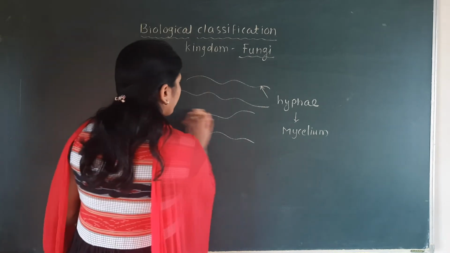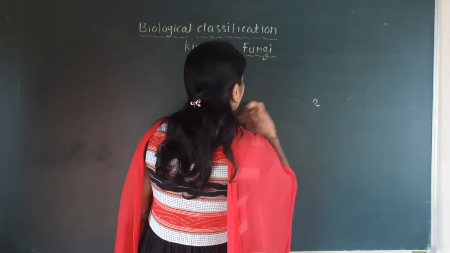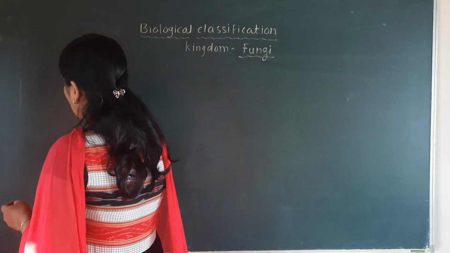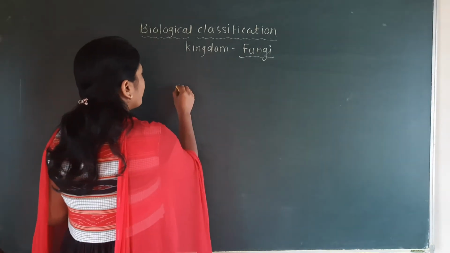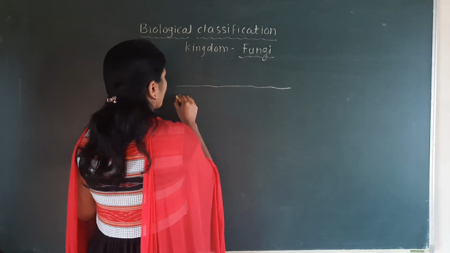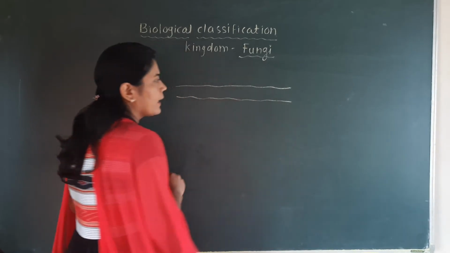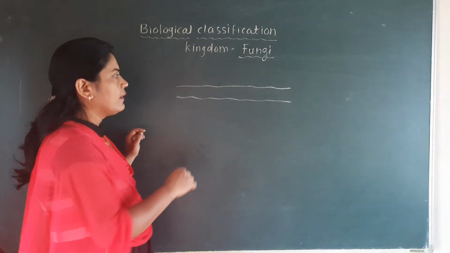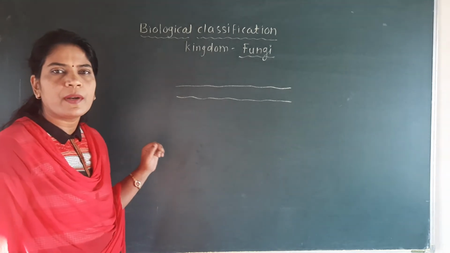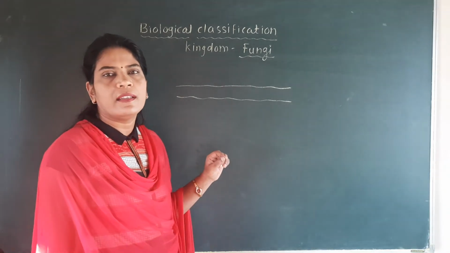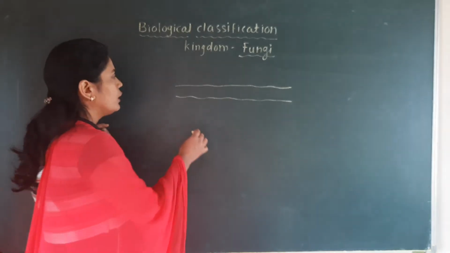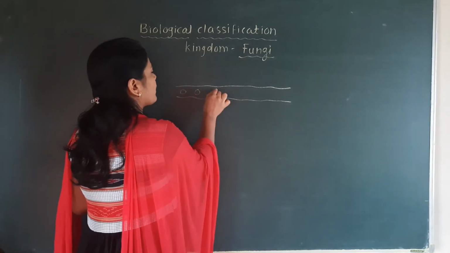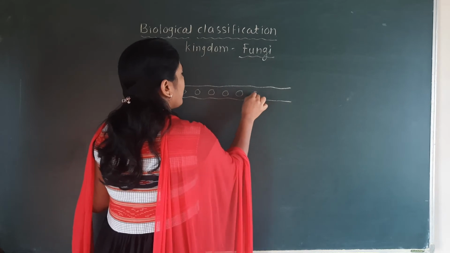If we enlarge the structure of the hyphae, you will get two types. Suppose this is the enlarged structure of the hyphae. It is a thread-like structure, but when we observe it under the microscope, you will get this enlarged structure. Here you will find a continuous tube-like structure with many nuclei.